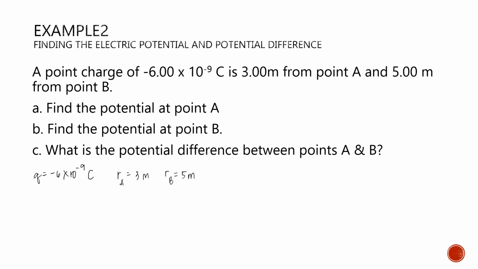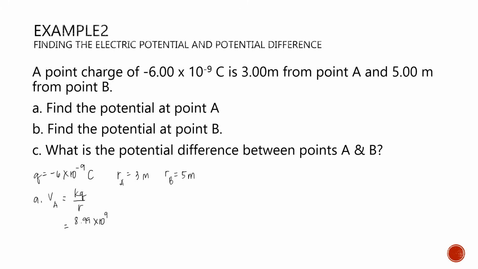So we need to use the formula for potential. So for letter A, potential at A, it's the kQ over R formula since the available data are Q and R, and of course k is a constant. So 8.99 times 10 to the power of 9, or you can just use 9 times 10 to the power of 9 for easy recall of the Coulomb's law constant.